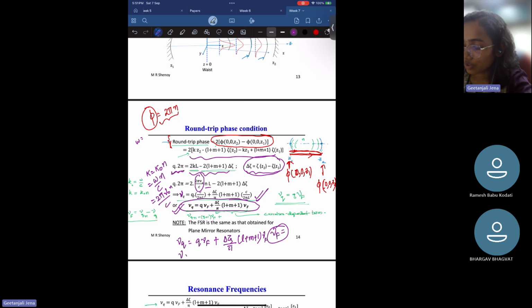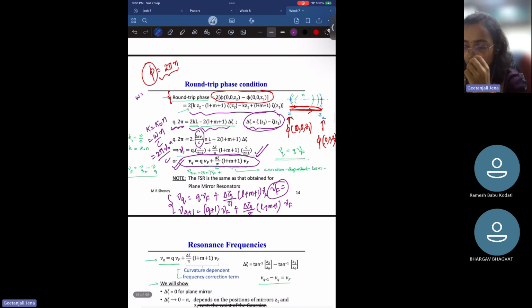If you want to find the free spectral range for the spherical mirror resonator, ν_q is already given. It is q ν_F plus Δζ by π (l plus m plus 1) ν_F. And ν_(q+1) will be (q plus 1) ν_F plus Δζ by π (l plus m plus 1) ν_F. If you take the difference of these two frequencies, ν_(q+1) minus ν_q is nothing but ν_F. So ν_F is the same as the plane mirror resonator, c by 2nL.